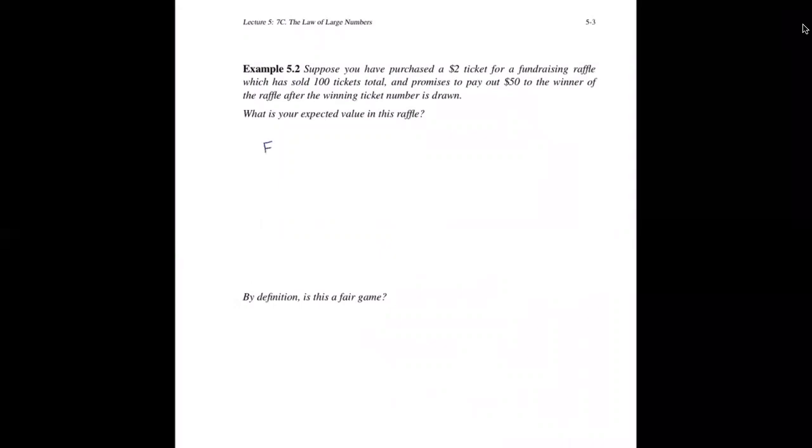So your expected value is equal to the probability that your ticket is drawn times the value of having your ticket drawn, right? Plus the probability that you're not drawn times the value that you're not drawn.